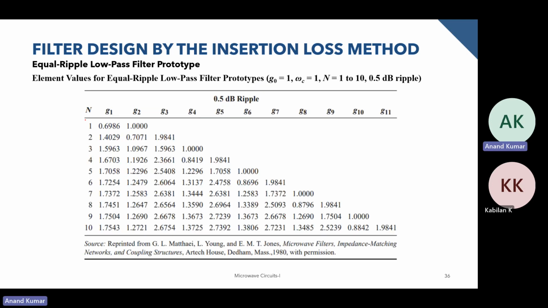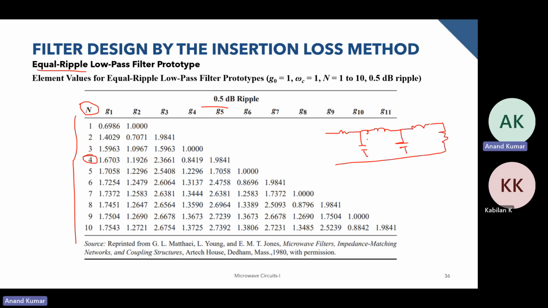So this is the table given for the Chebyshev or the equiripple filter. Depending upon the insertion loss that we are looking at, or if you have chosen to use an equiripple filter, and then we choose the order of the filter, for example, a fourth order filter, then we have G1 to G5 over here, and the same circuit: the resistor, a capacitor over here, then inductor over here, the capacitor over here, inductor over here, and then our load value over here.